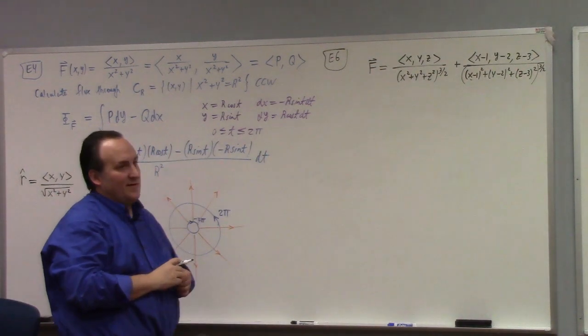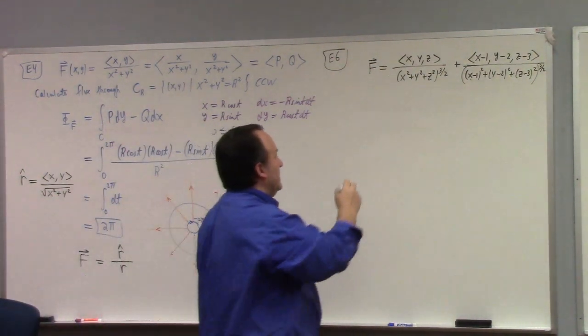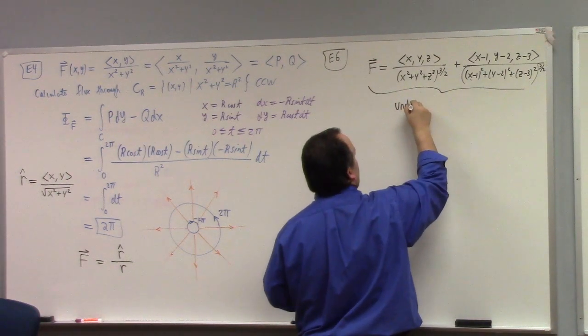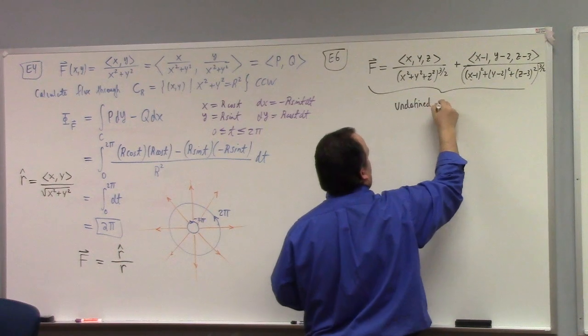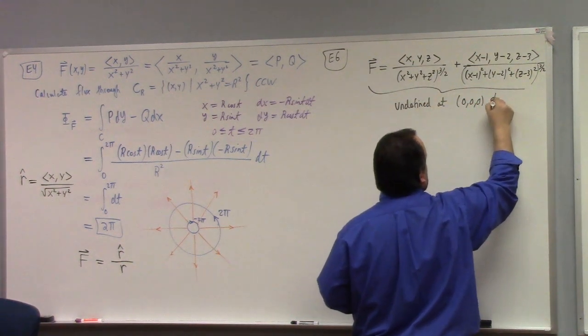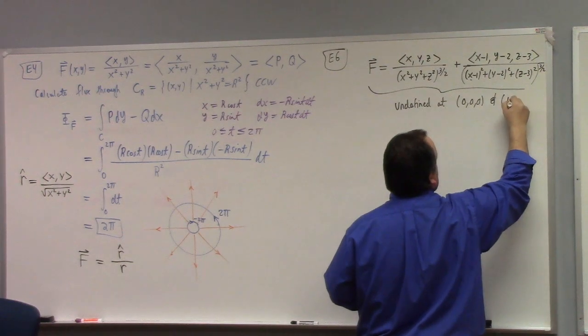So what's the problem with this one? Let me just get straight to the point here. Undefined where? 0, 0, 0, and 1, 2, 3, right?